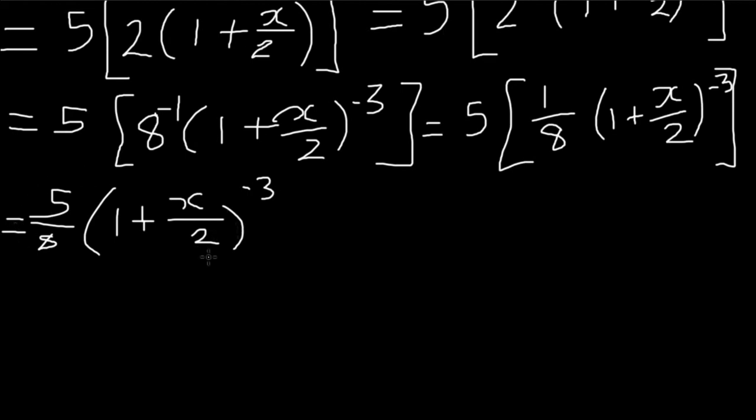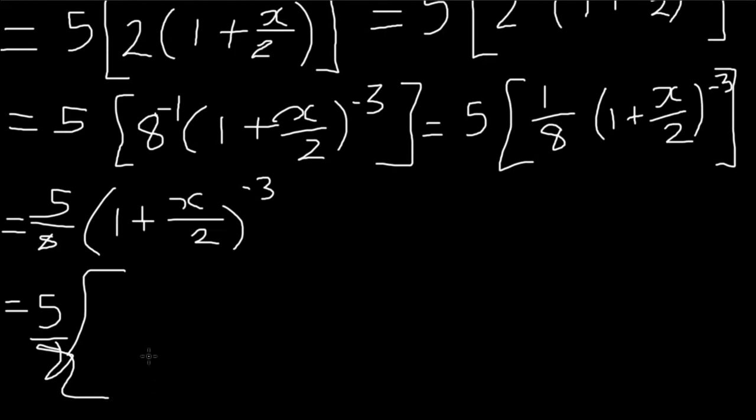In expanding this, I'm just going to expand this, and then at the end I'll multiply it with 5 over 8. So in short, what I'm trying to say is this. I'll write 5 over 8 outside there, and then I'll write these types of brackets, the curly brackets.